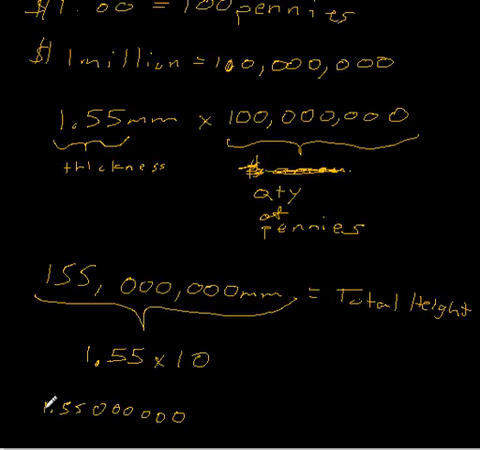Now, when I get to this point, all I have to do is count how many times the decimal would have to move to get back to its original position. 1, 2, 3, 4, 5, 6, 7, 8 spots to get to its original position. So the decimal moved to the right 8 places. It means that it moved in a positive direction. Therefore, the scientific notation would be 1.55 times 10 to the 8th power millimeters.